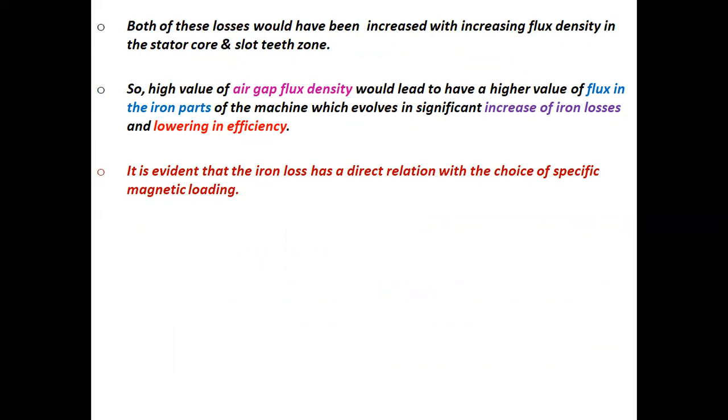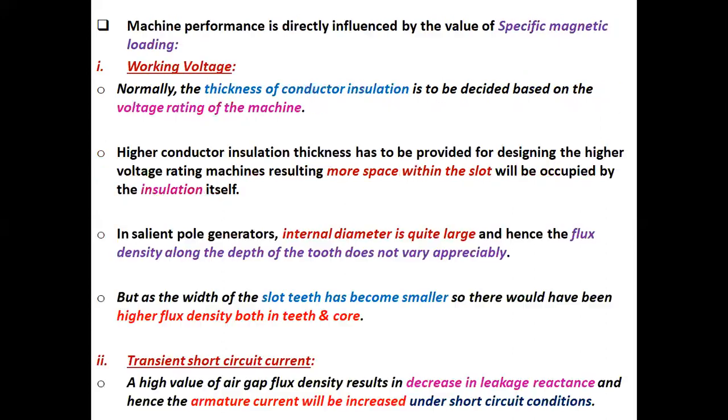So, a high value of air gap flux density would lead to a higher value of flux in the iron parts of the machine, which results in a significant increase of iron losses and lowering of efficiency. It is evident that the iron loss has a direct relation with the choice of specific magnetic loading. Machine performance is directly influenced by the value of specific magnetic loading.